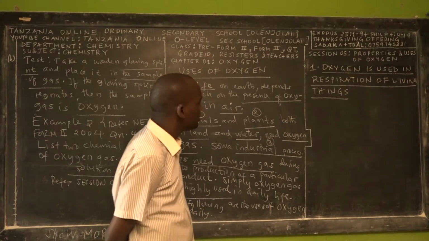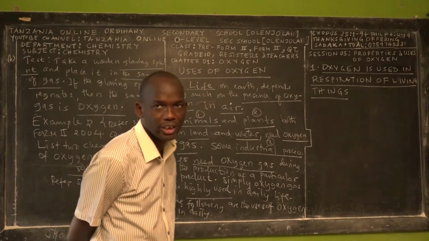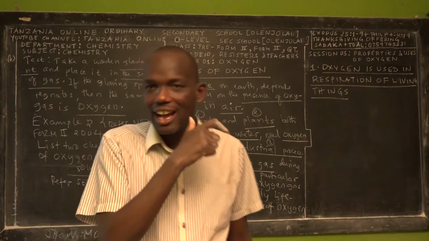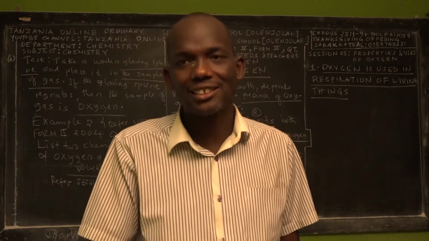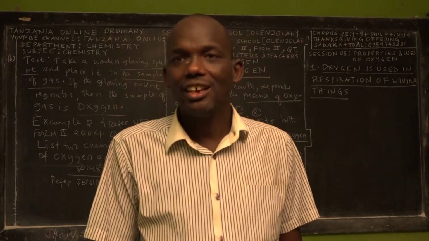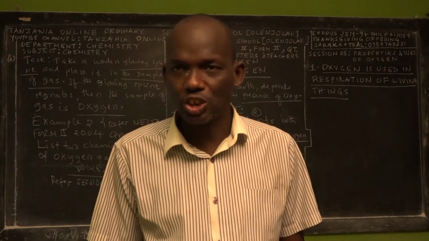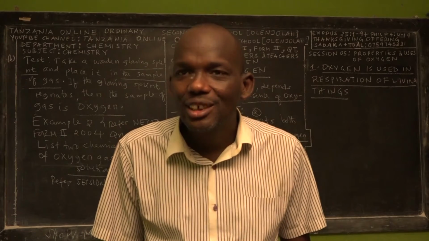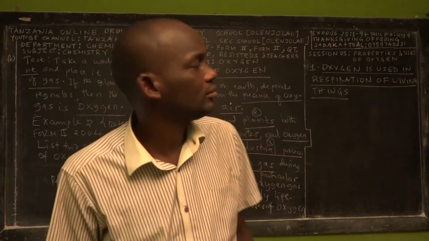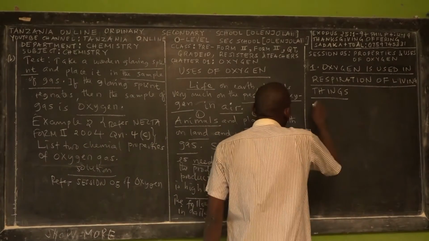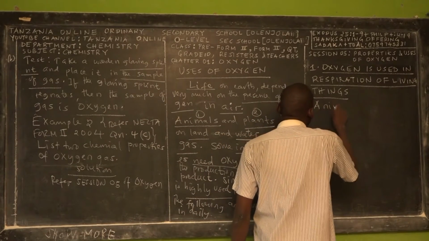How is oxygen used in respiration? That's a very important question that a senior student has to ask his or her teacher. How is oxygen used in respiration of living things? Because among living things we have animals and plants.